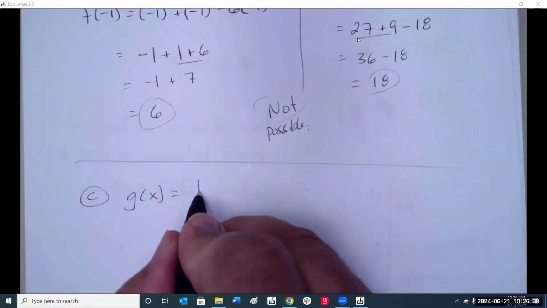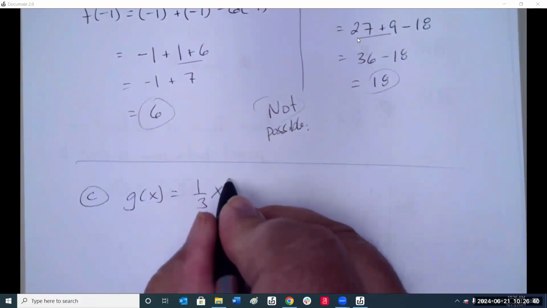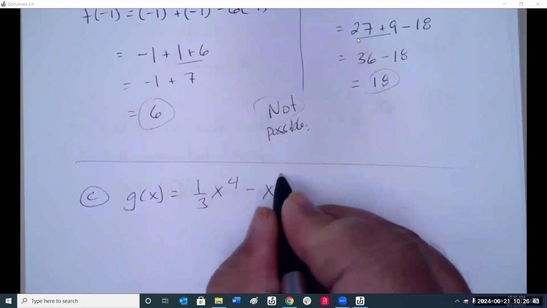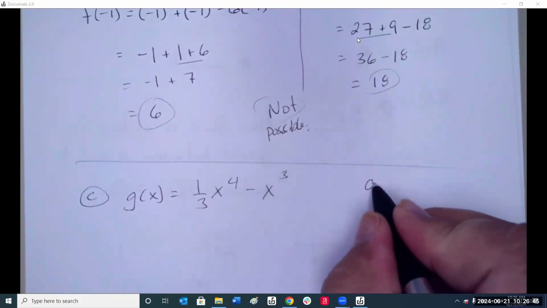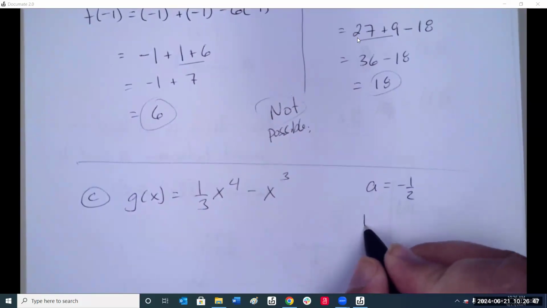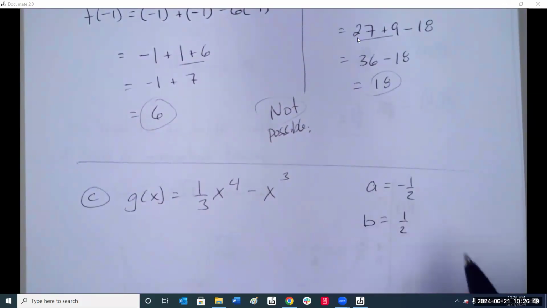G of x is 1/3 x to the 4th minus x cubed. A is -1/2. B is +1/2.